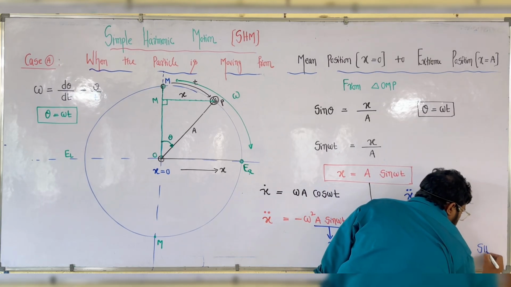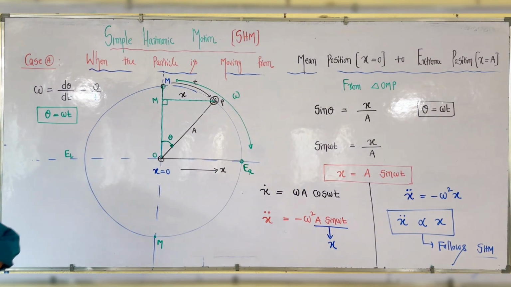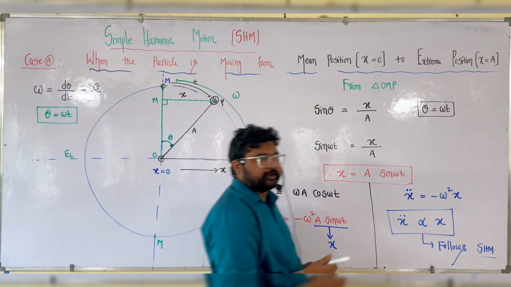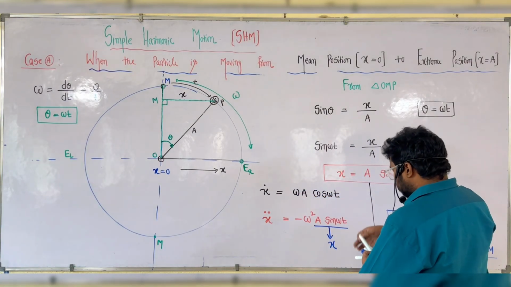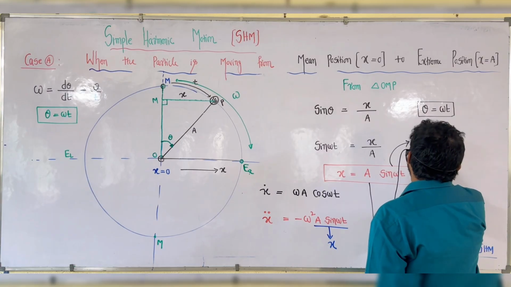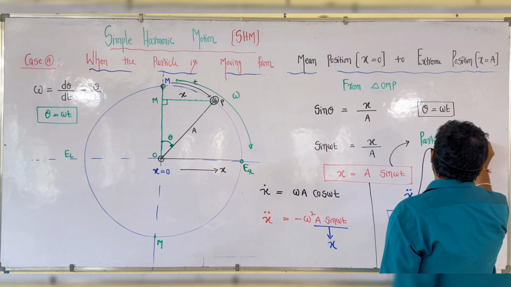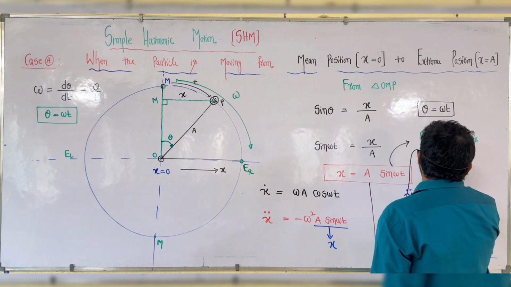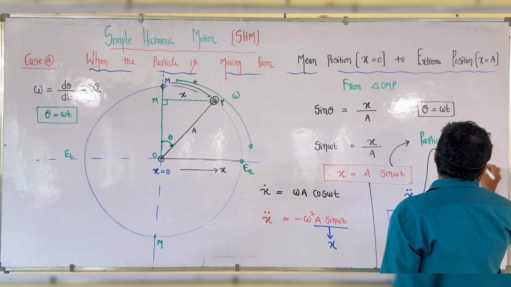So if you take x equals A sin omega t, the particle starts from where? From the mean position.